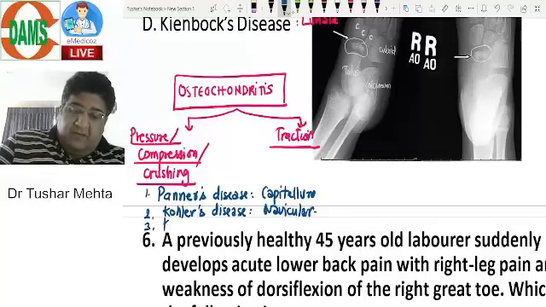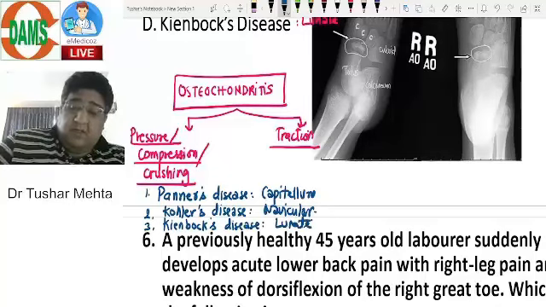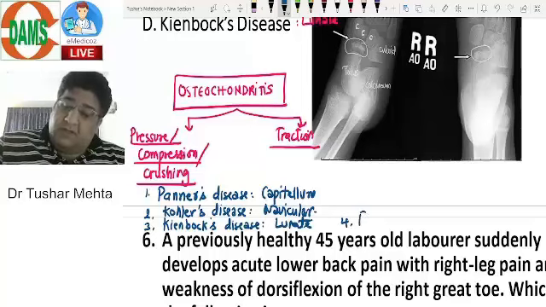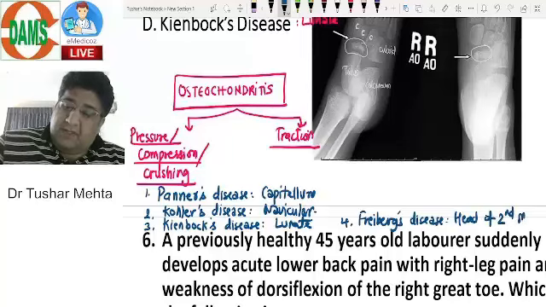Then we have Kienbock's disease, which involves the lunate. And the fourth one is Freiberg's disease, which involves the metatarsal head, particularly the second metatarsal head.